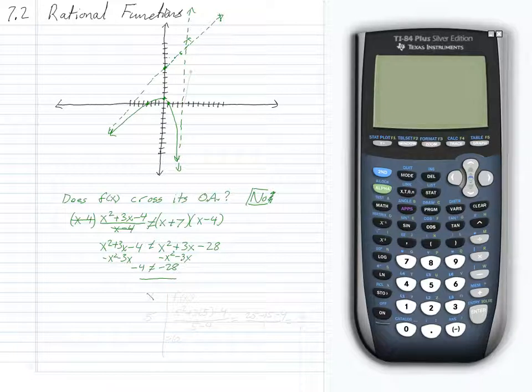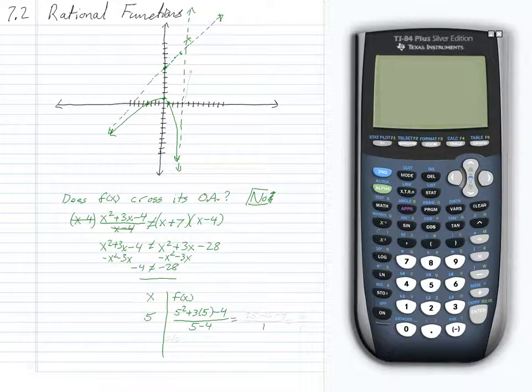So if I plug something in past 4, maybe 5, my function f of x is going to square it, add 3 times 5, subtract 4, and my denominator 5 minus 4.